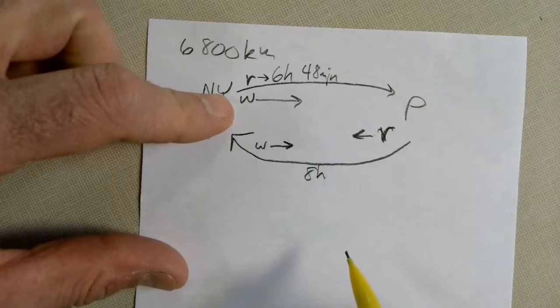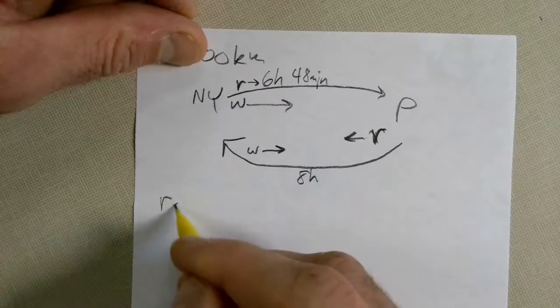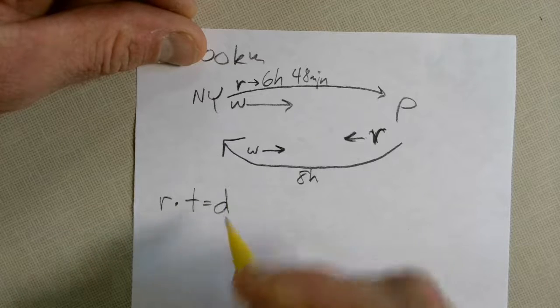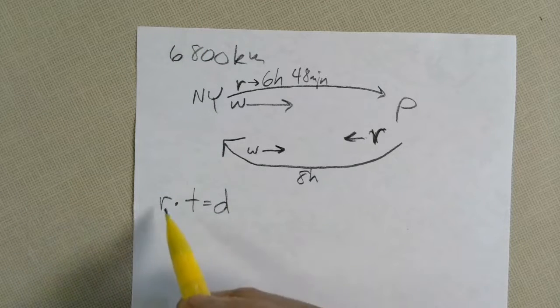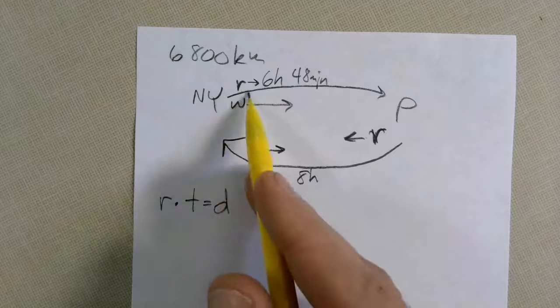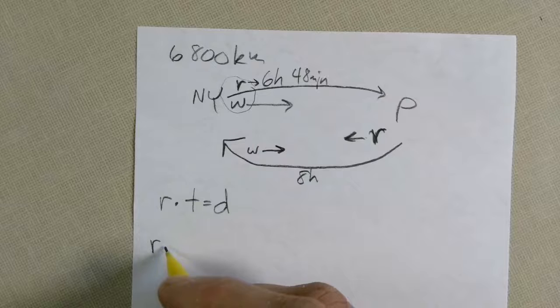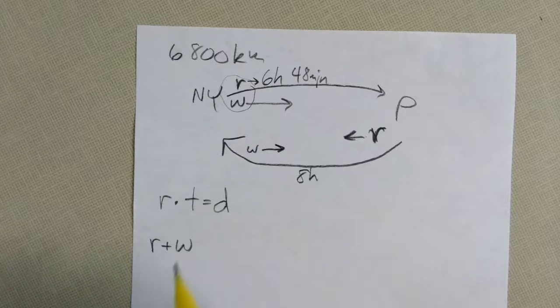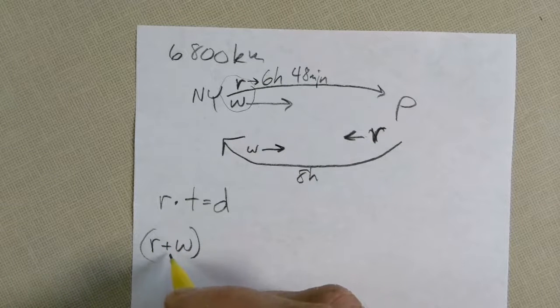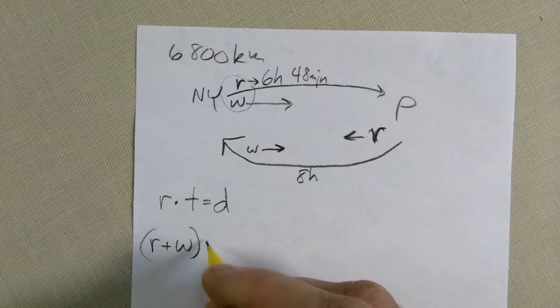Now, we use the same basic idea. Rate times time equals distance. What's the rate of the plane with the wind? Well, it's going to be R plus W, rate with the wind, times the time.